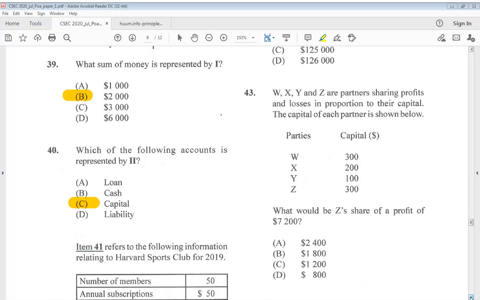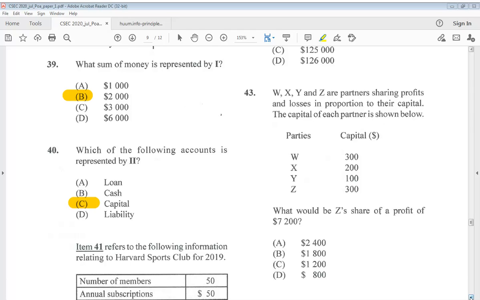Let's go to 43. W, X, Y, and Z are partners, sharing profits and losses in proportion to their capital. The capital of each partner is shown below. So here we have our parties and our capital.